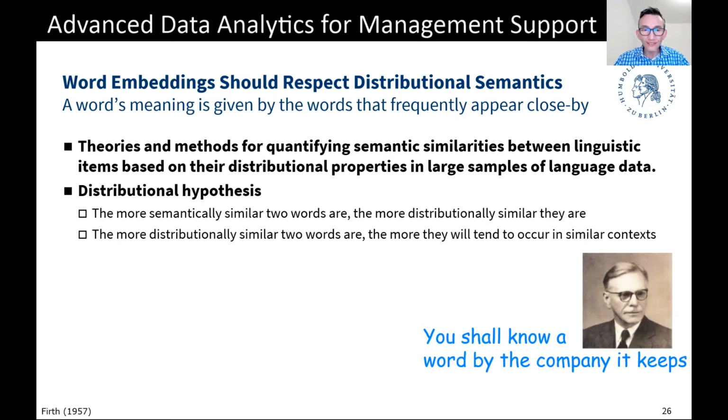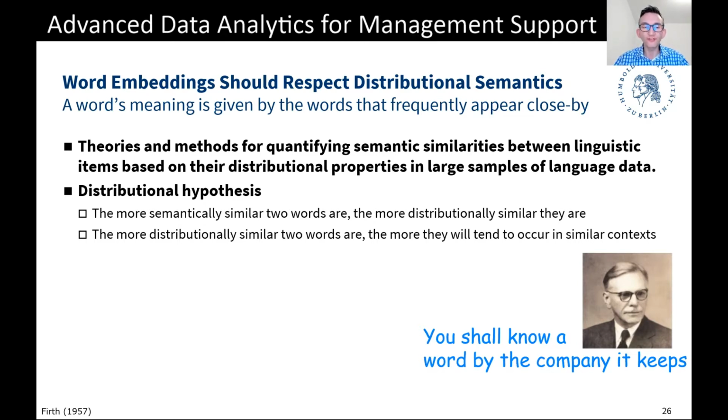It states that the more semantically similar two words are, think about hotel and motel, semantically rather similar, the more distributionally similar they are. So if we analyze a large sample of language data and examine the distributional properties of the words hotel and motel, how often they occur, for example, then we would find that the distributional properties of the two words are similar.